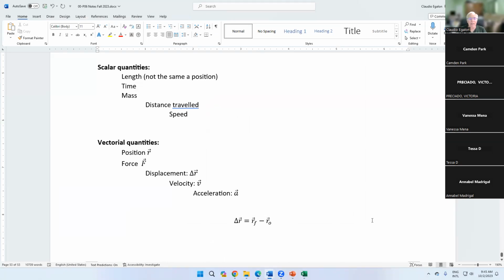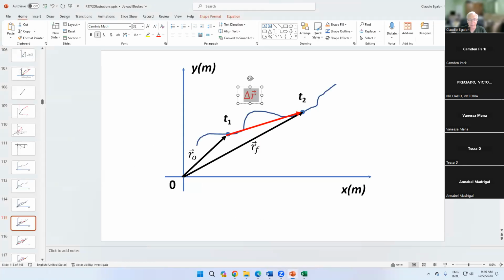And it's very easy to picture that in terms of a vector summation if I move the r naught to the other side. The final vector position is delta r plus the initial vector position, r naught plus delta r.